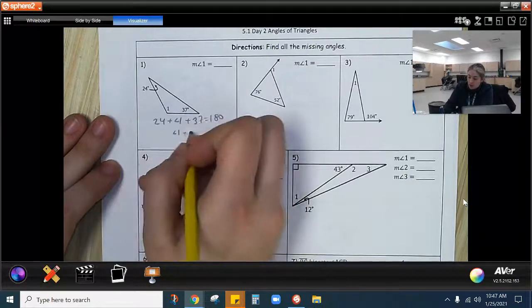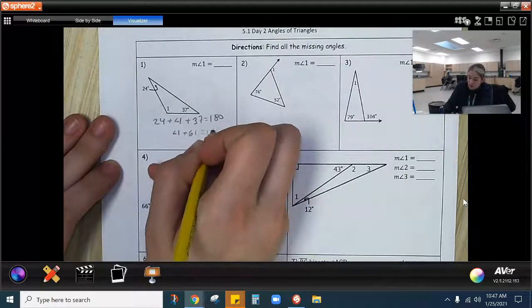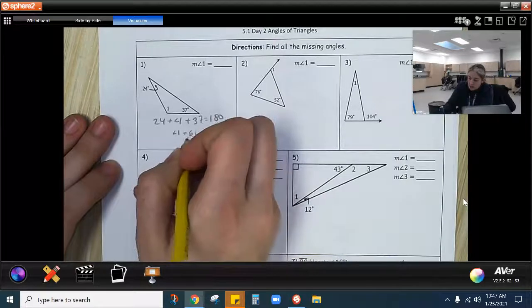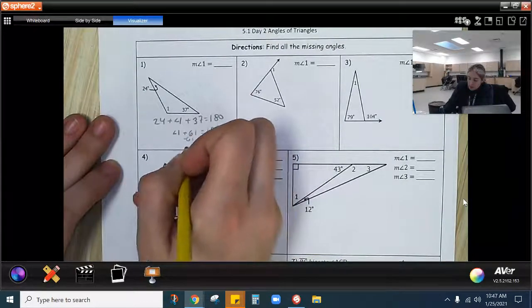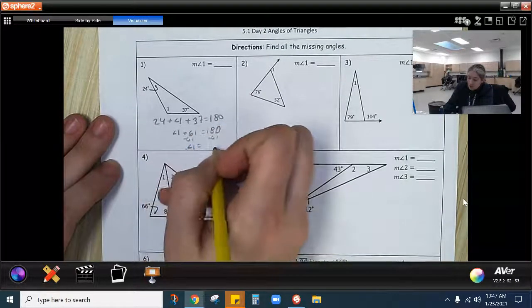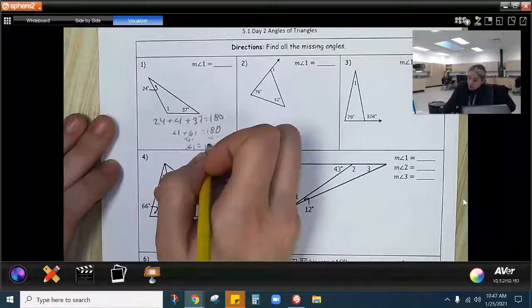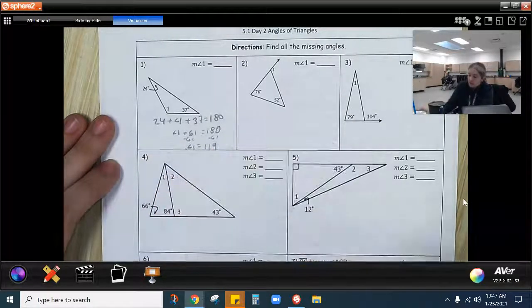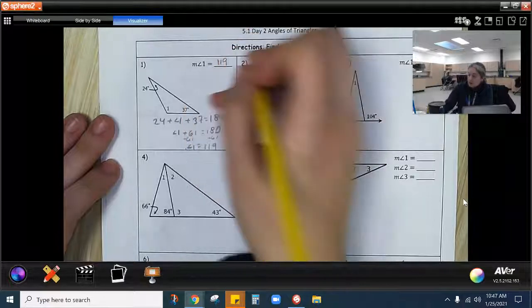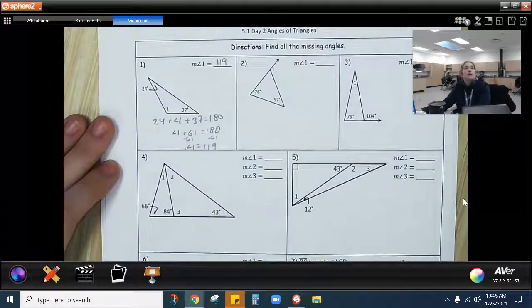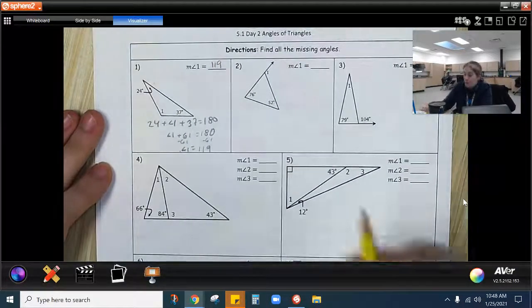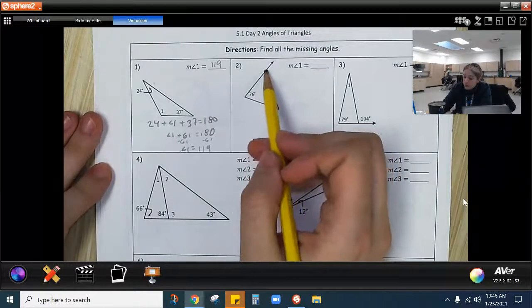So angle 1 plus 61 is equal to 180. I need to subtract 61 on both sides. That means angle 1 is equal to 119.